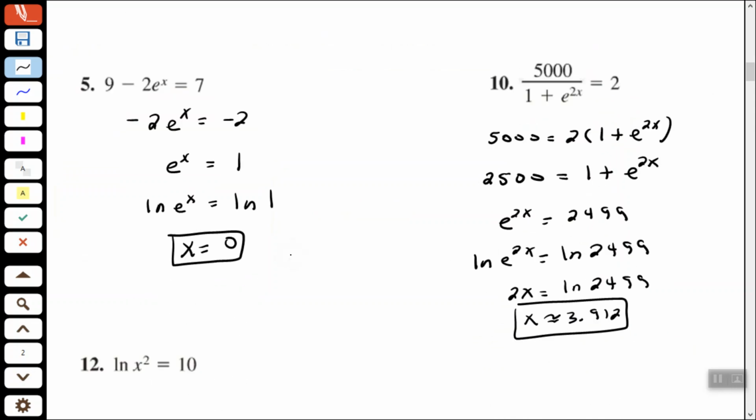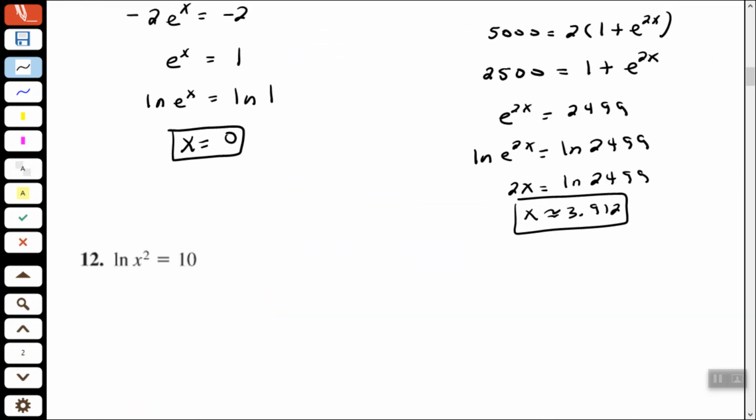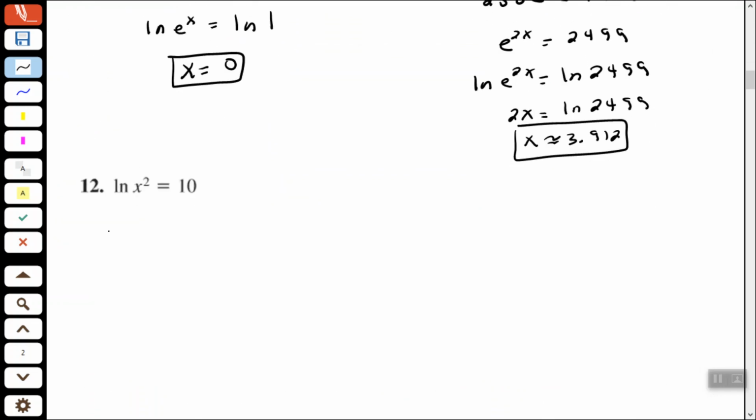So if I move this here like so and do the same thing on the opposite side of the equal sign, then that allows me to cancel out that natural log, and that leaves me with x squared equals e to the 10th.